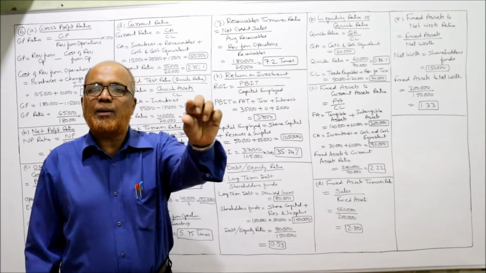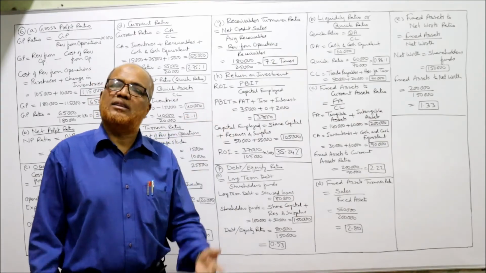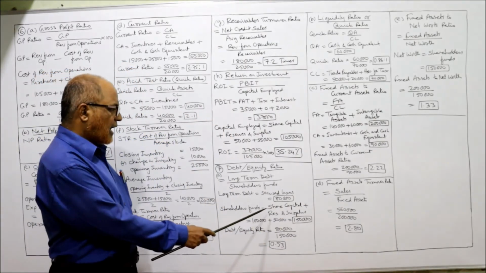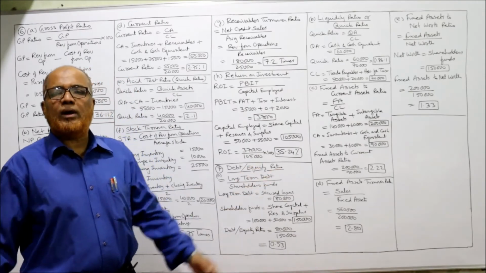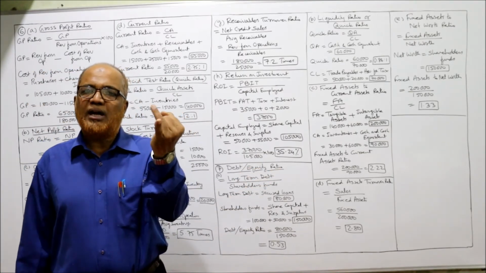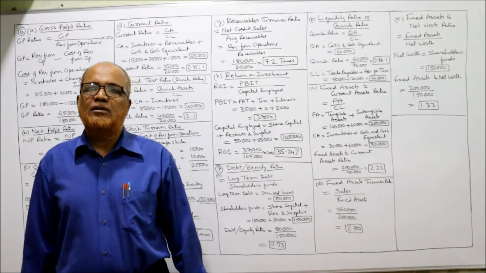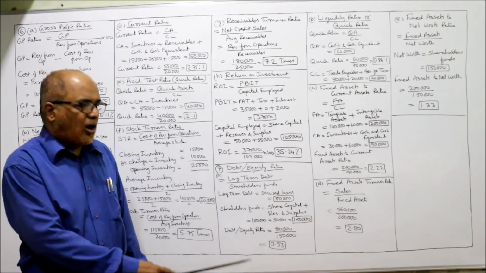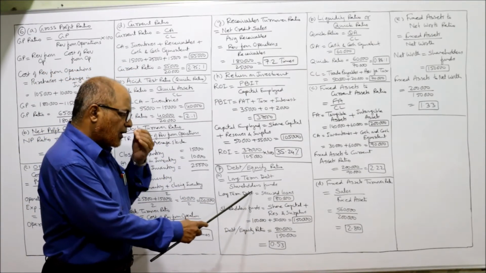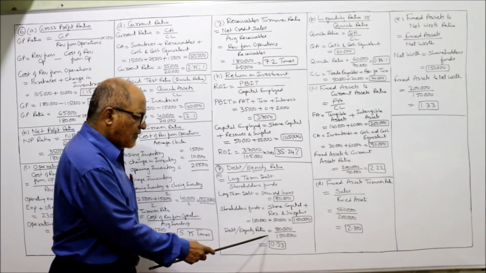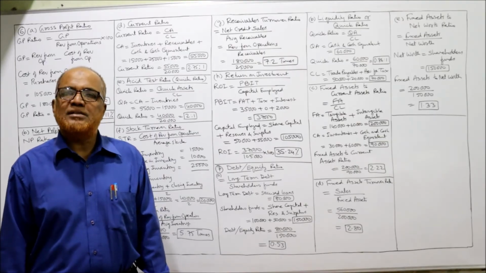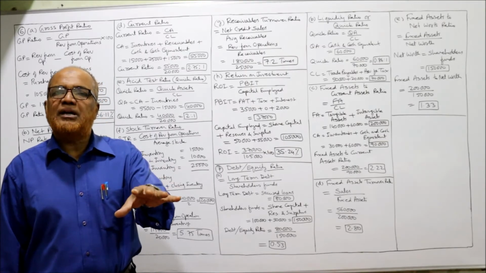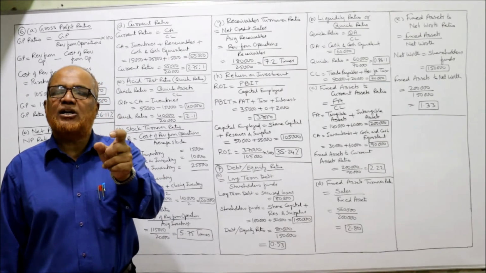So we take share capital plus reserves and surplus, 1 lakh plus 50,000, 1,50,000. We got long-term debt and shareholders fund. So debt equity ratio is 80,000 divided by 1,50,000, which comes to 0.53. That means the long-term debt is 53% of shareholders fund.